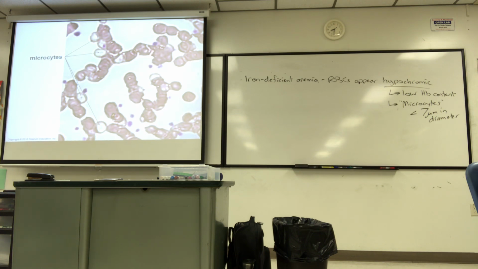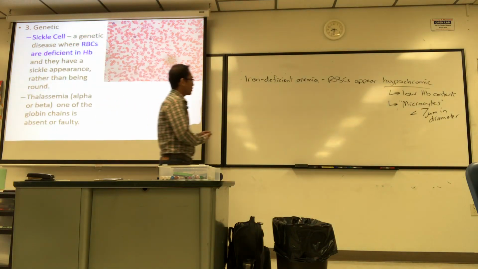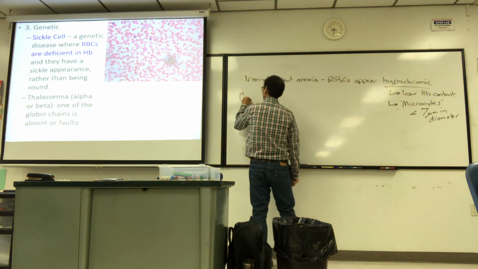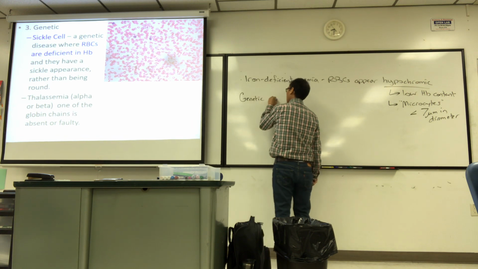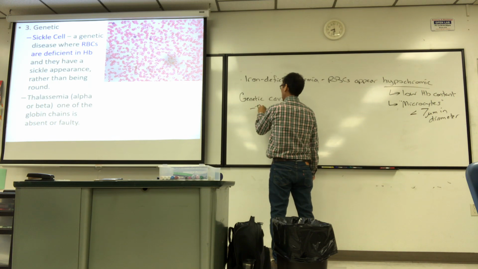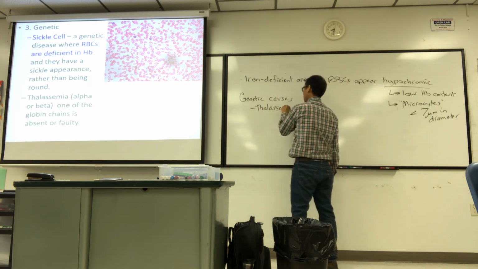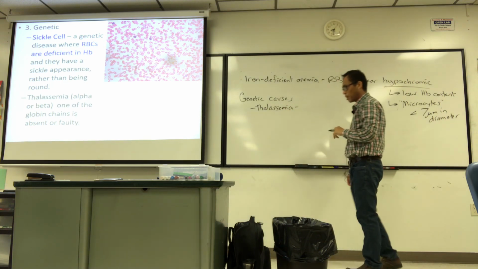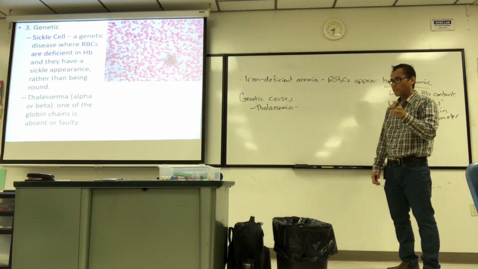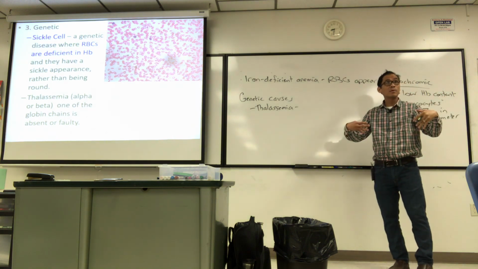There are genetic reasons as well. Sickle cell disease or thalassemia are the most common ones, genetic causes of anemia. Thalassemia, there's one bad gene. It's either the alpha or the beta chain. Because you inherited 2, right?